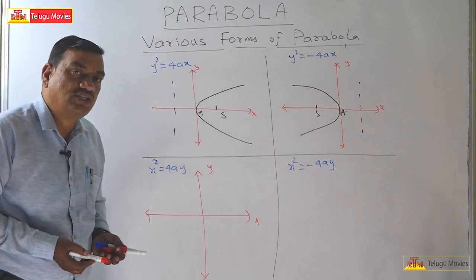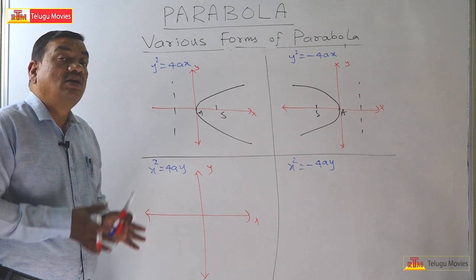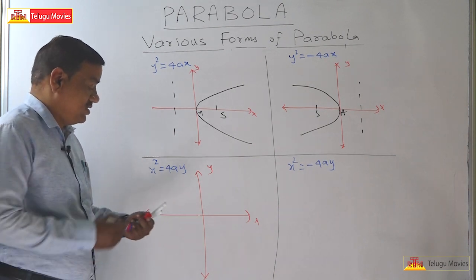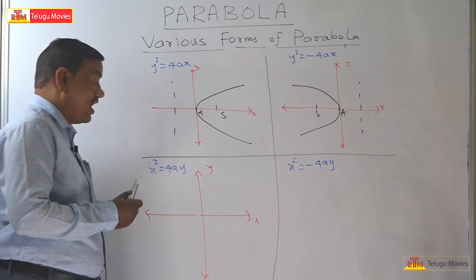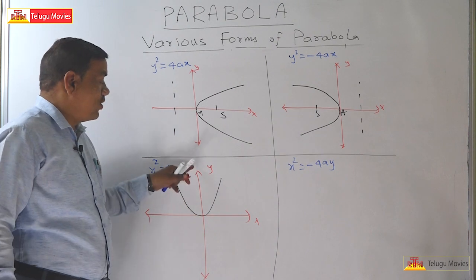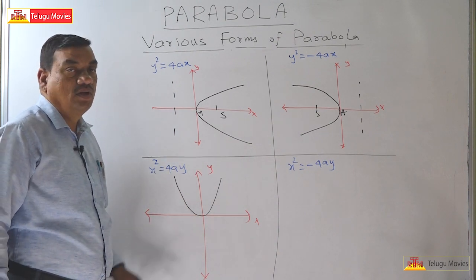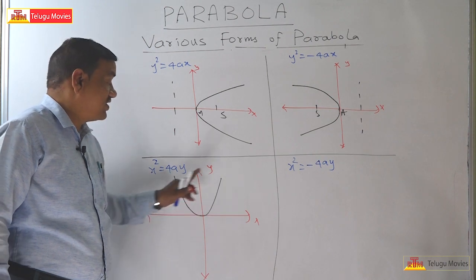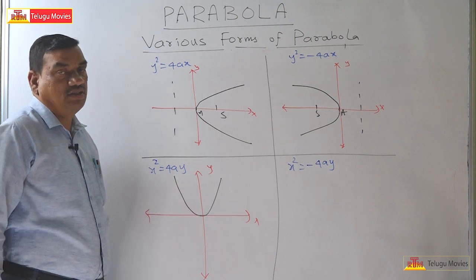Plus 4a or minus 4a? Plus 4a. That means positive y-axis. So your graph will open upward, toward the positive y-axis, where y is positive. That is, it lies in the first and second quadrants.